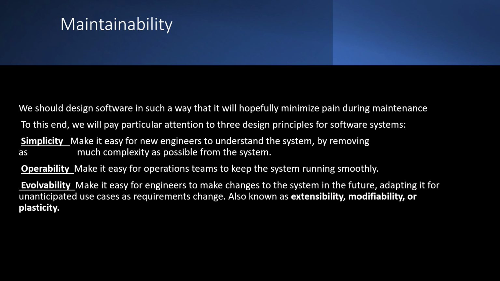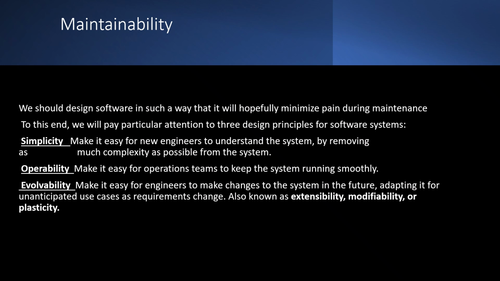Basically, it means if a new feature needs to be added, similar to fixing a bug, it should be simple enough to understand how the system works, so that the new engineer or anyone who is working on this legacy system can just go ahead and add the new feature. Or if there is a requirement to move to a different platform, if the current implementation is simple enough, it would be easier to move from one platform to another, or to add security patches if needed.